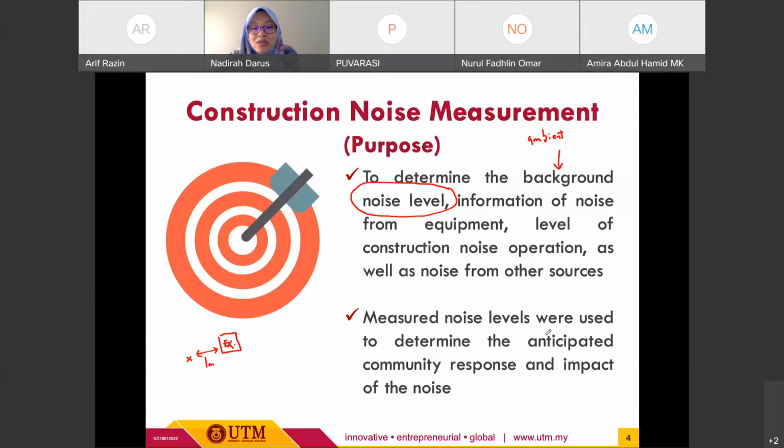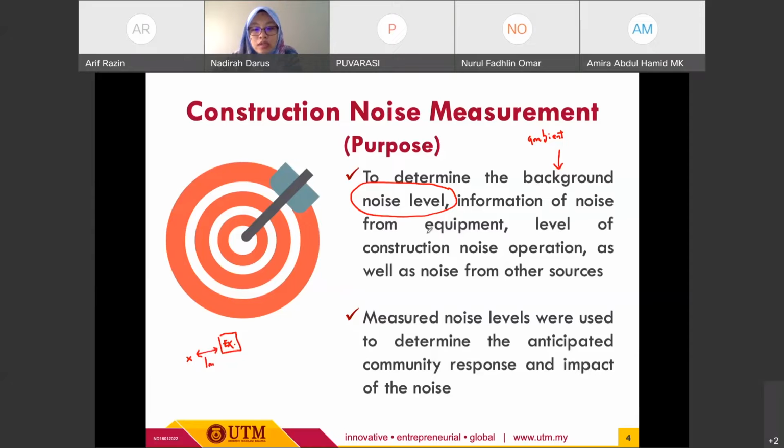Okay, so just now we saw the measurement on noise equipment. I explained about individual noise measurement for each construction plant and machineries. So we conduct the measurement within 1 meter from the individual machineries itself. And then for the construction noise level, it depends because the distance can vary, because later on we can do the conversion.